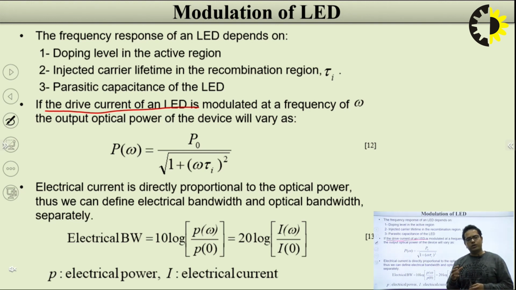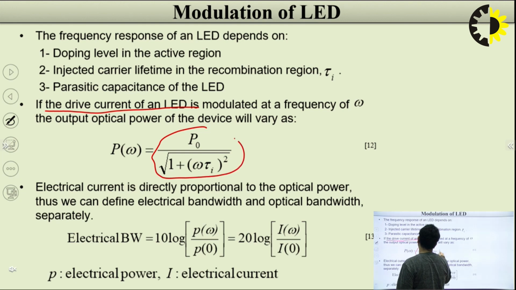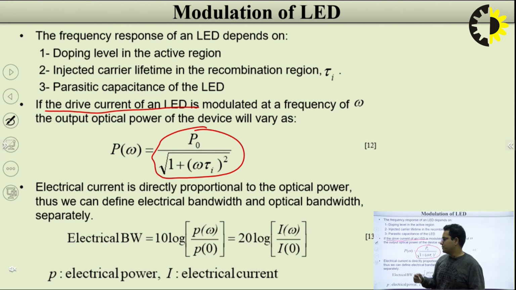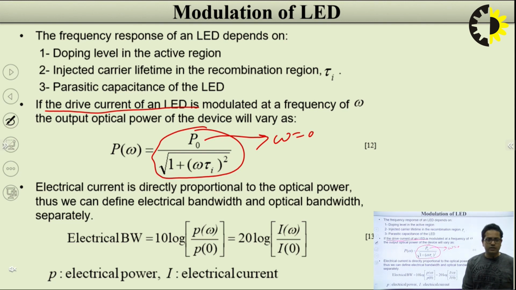Then the output optical power of the device varies by the formula P of omega equals P0 upon the square root of 1 plus (omega tau i) whole square. Here tau i is the carrier lifetime in the recombination region, and P0 is the power at zero frequency.